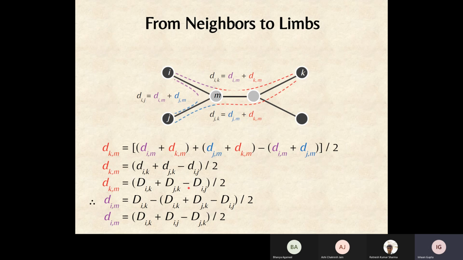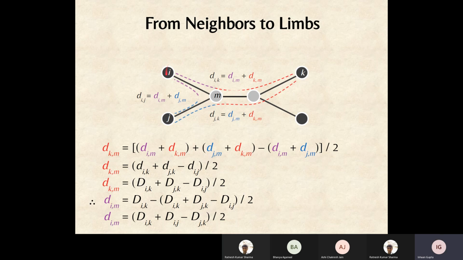So the idea here draws from the equations that we had before. You have these different distances given to you, and in order to calculate the limb length, you calculate all the possible combinations of three of your nodes.